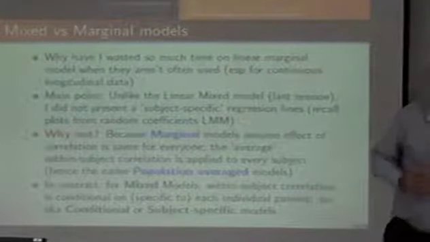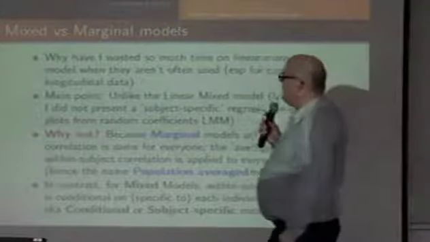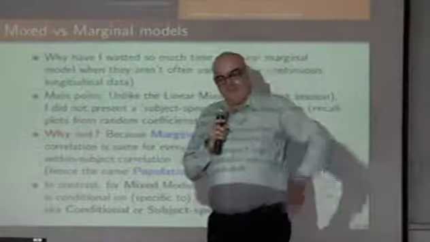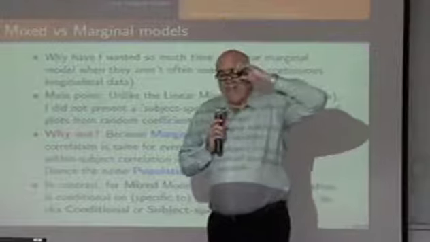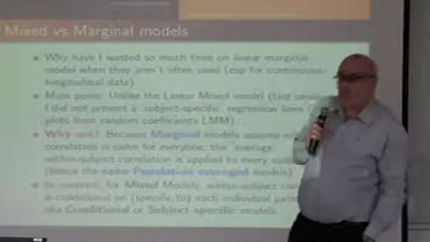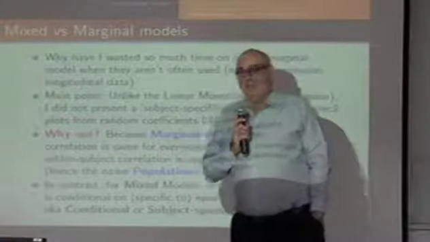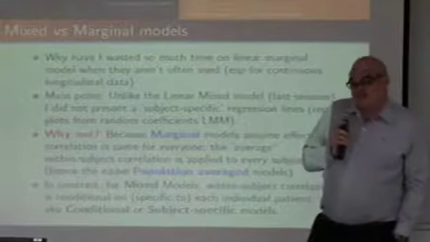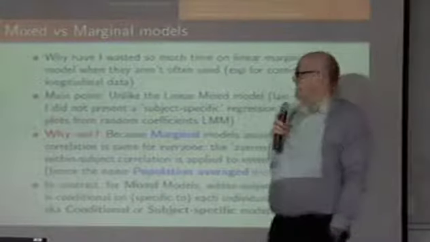Okay, so why have I wasted so much time, wasn't that maybe about half an hour, talking about linear marginal models if I never use them? And people don't use them that much, linear marginal models.